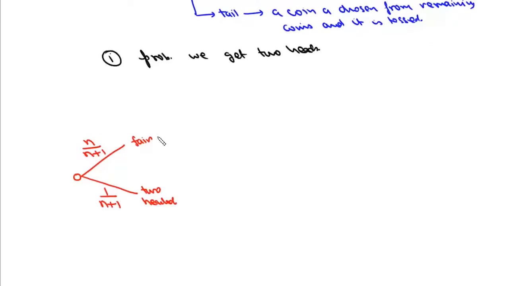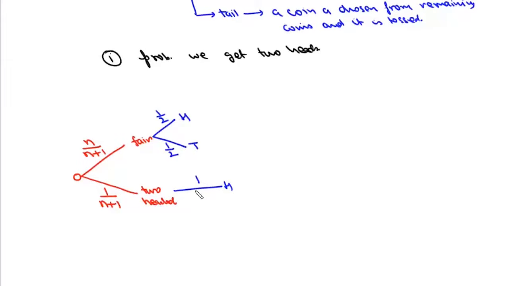Now if we toss this fair coin, we'll either get a head or a tail. On a fair coin, the probability of throwing a head is 1 by 2, and the probability of getting a tail is 1 by 2. On a two-headed coin, we are certain to get a head only, so this probability is 1.